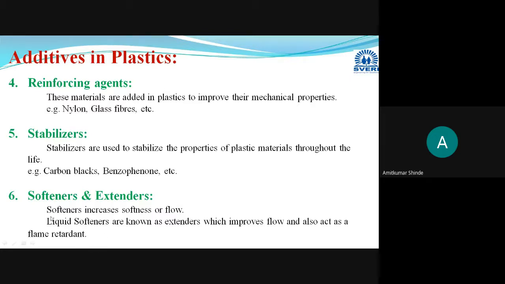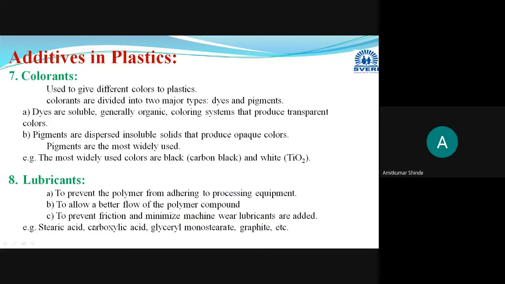Softeners and extenders are used to improve the flowability or flow characteristics, and sometimes they can also act as a flame retardant. Then the next additive is the colorants, which, from the name itself, give different attractive colors to the plastic materials.